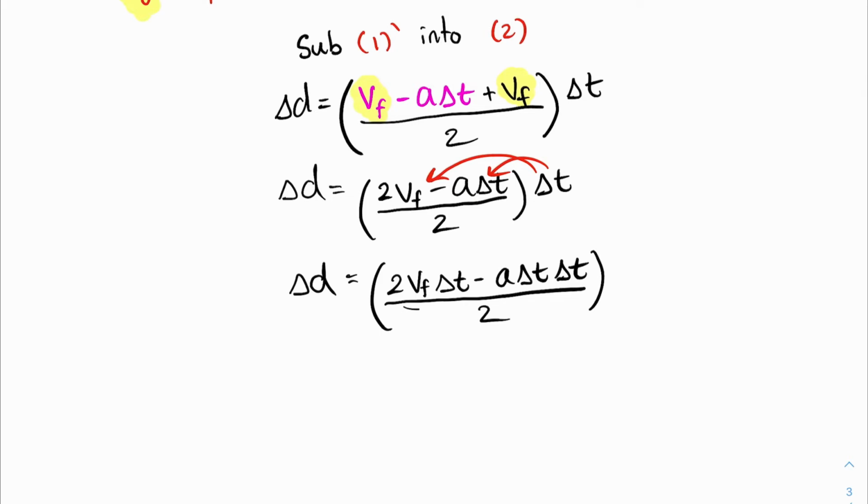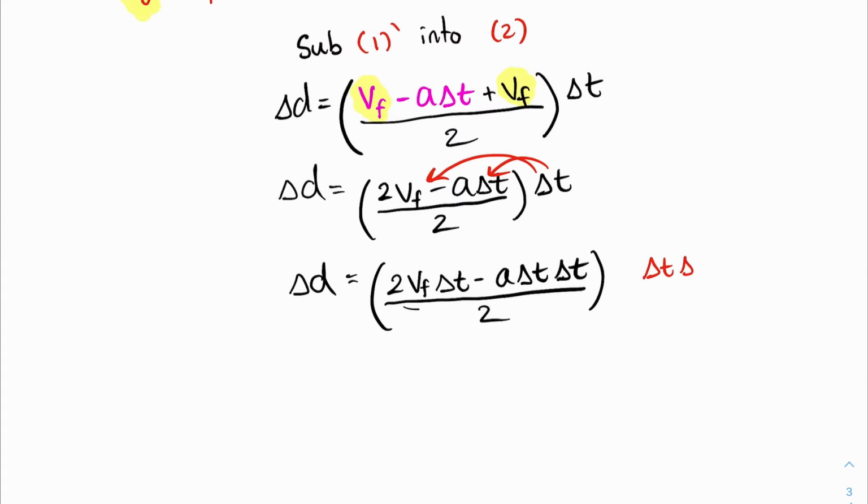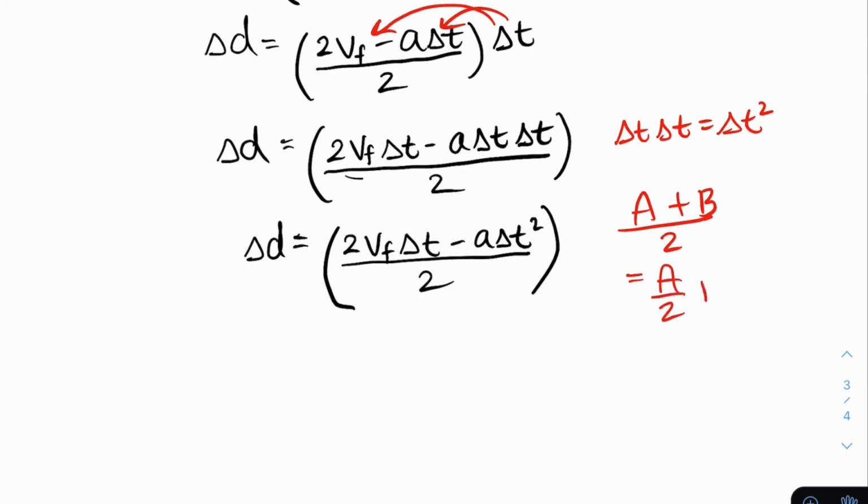And in this case, like I mentioned before, delta T times delta T is delta T squared, because the base is the same, we can add the exponents. And as I mentioned earlier as well, generally in math, if you have A plus B over 2, you can rethink of writing this expression as A over 2 plus B over 2.